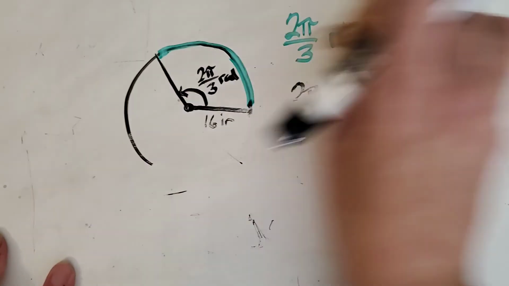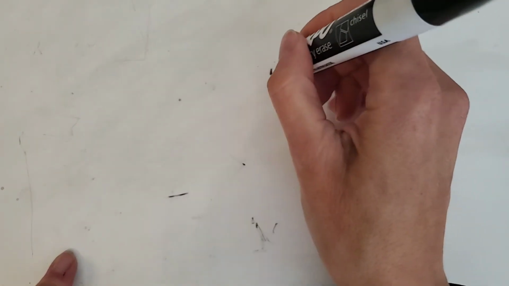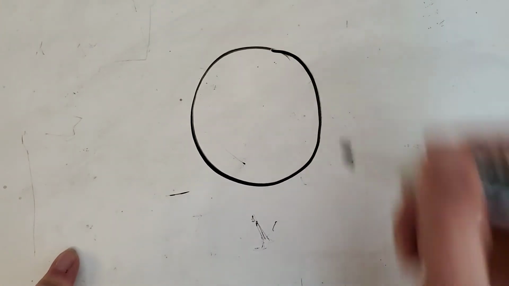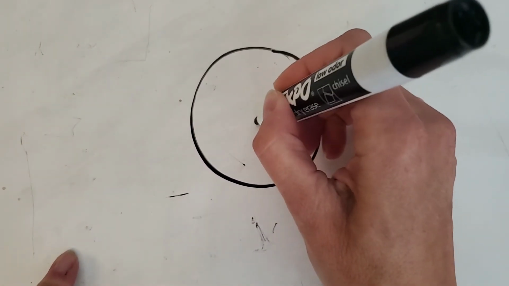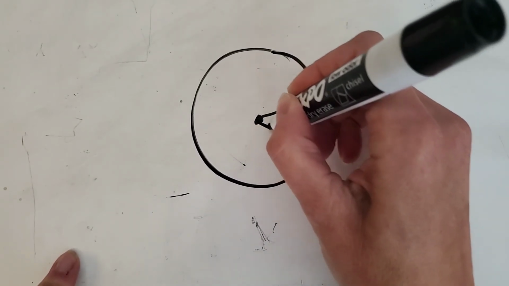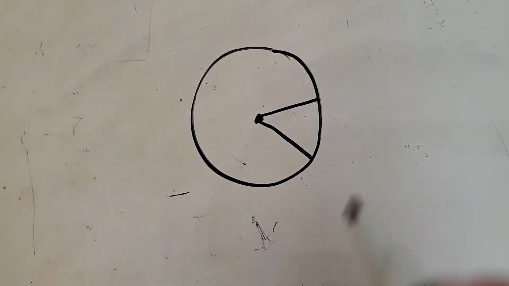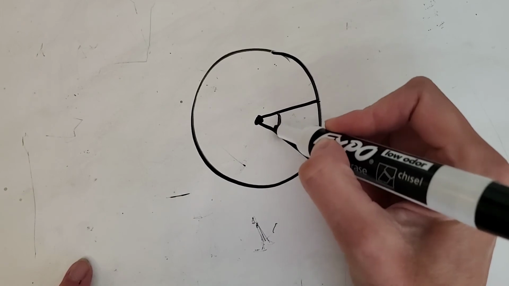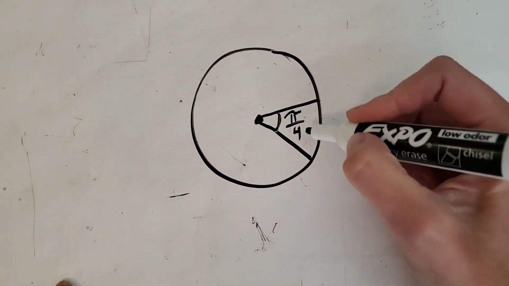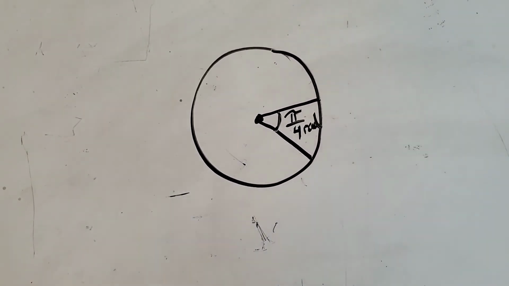All right, one more example with that arc length. Let's see if I can draw another circle. Not bad. Okay, let's say that we know that this central angle right there is pi over 4 radians.